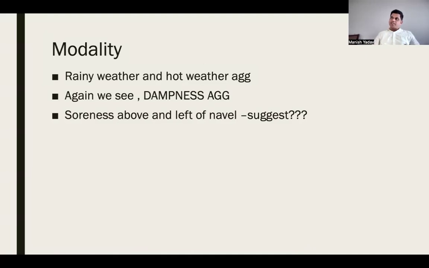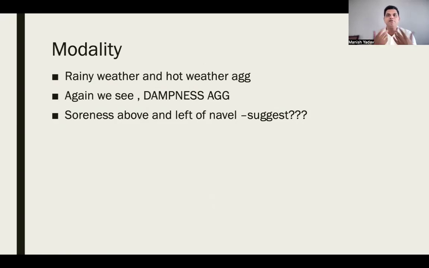What does it suggest? Left of the navel. If you look above the left navel, this part. Let me show you this part. That's why in that methodology chapter, as I said in the last video, he says examine, touch the patient, see the organs affected.